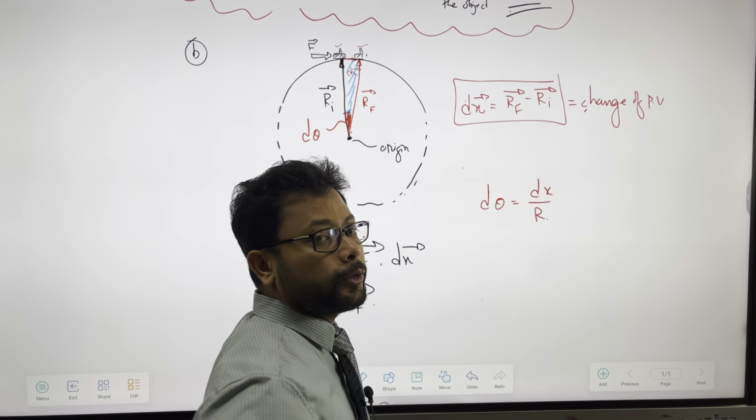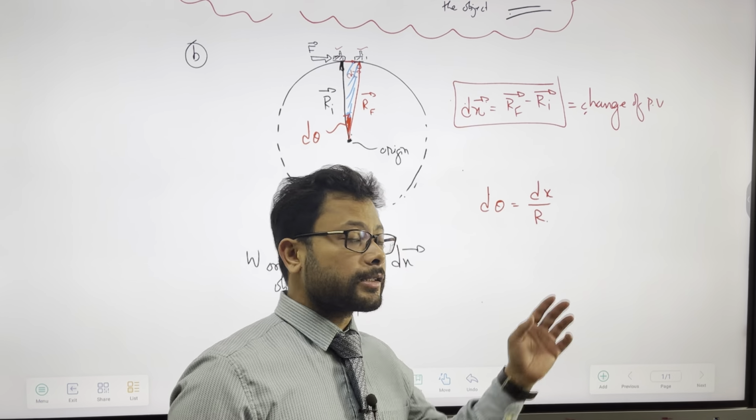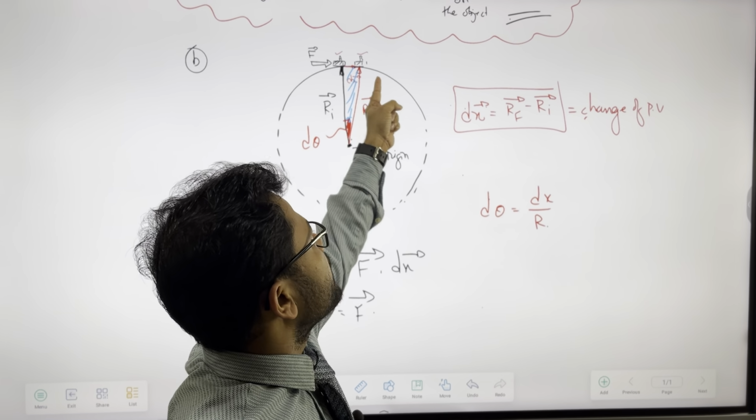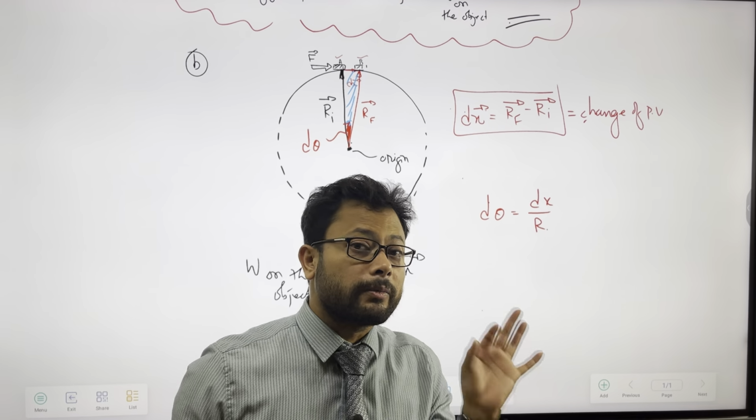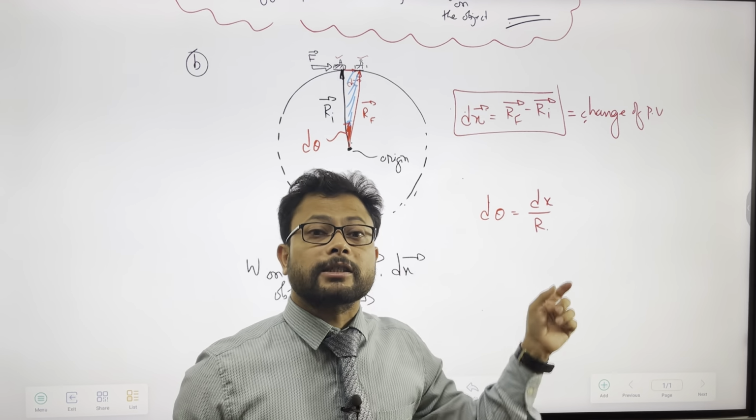If we consider the separation between A and B, which is this dx, to be very, very small, then we can think of this d theta as a vector quantity.